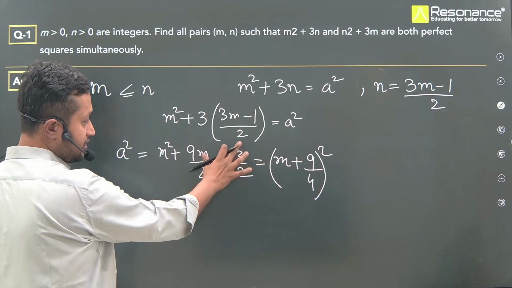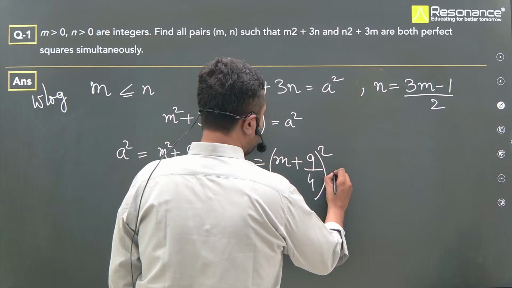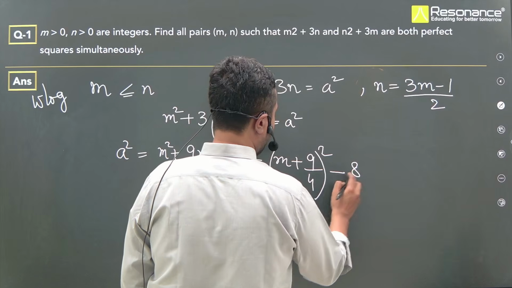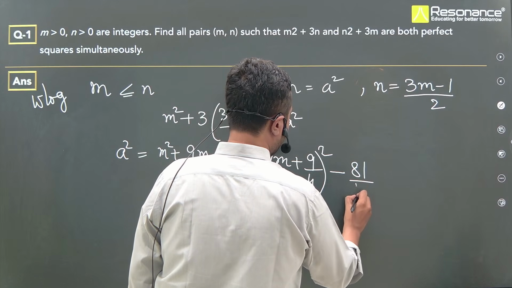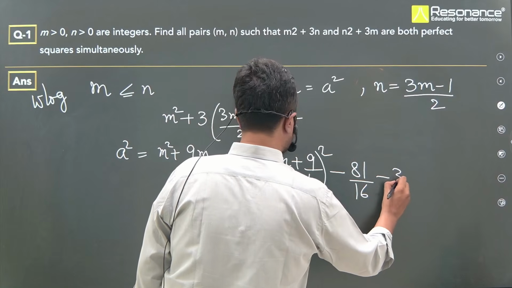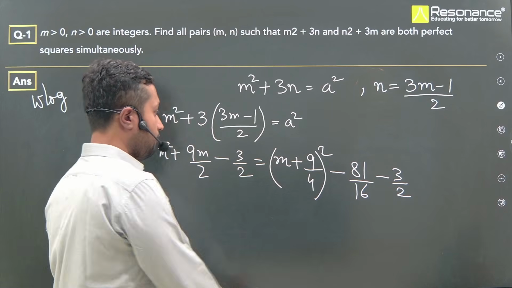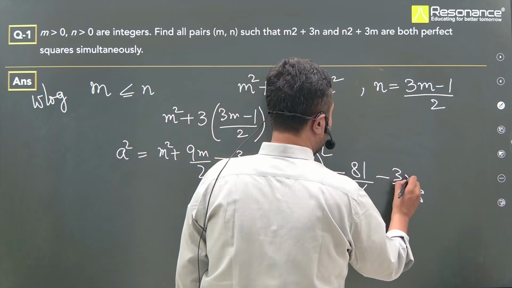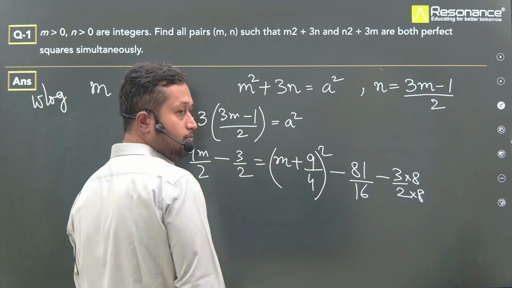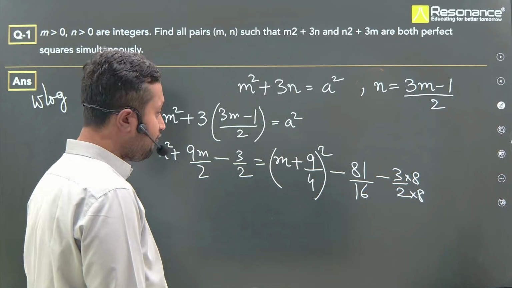And then we'll have to adjust the constant term. So first let's remove the square of this quantity, which is 81 divided by 16, minus 3 by 2. And what is all of that? Times 8 times 8. So 81 plus 24, 105.